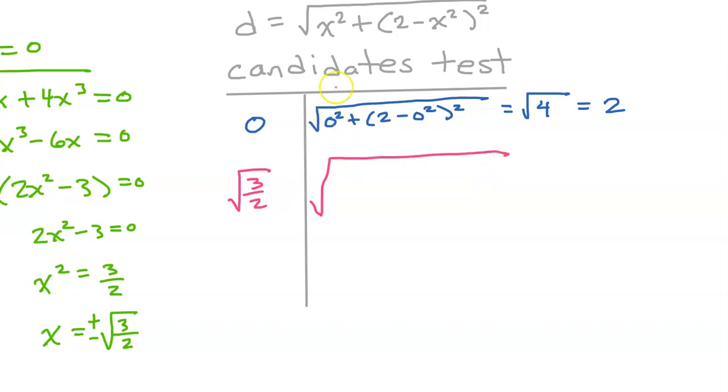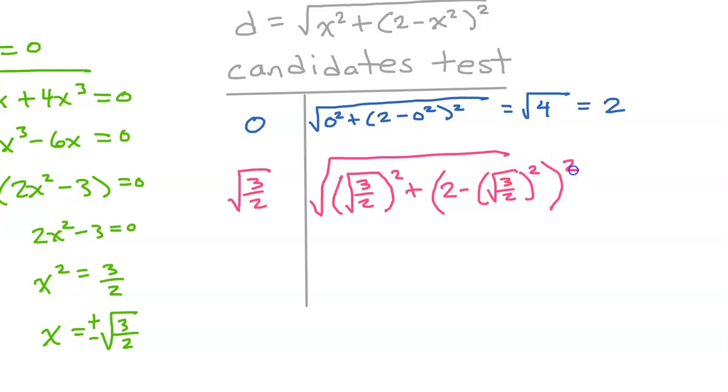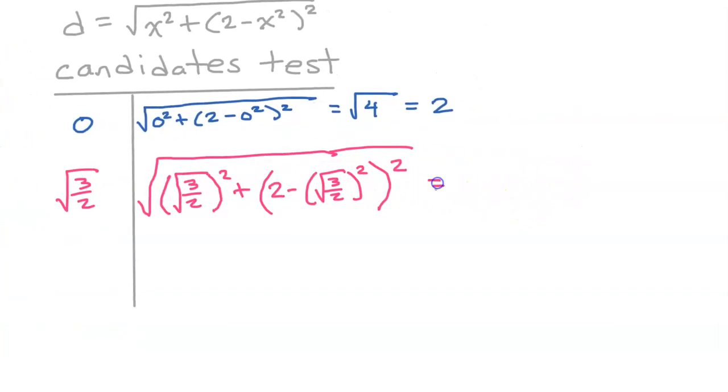So I have x squared, so I need to do radical 3 over 2 squared, plus (2 minus radical 3 over 2 squared) squared. Very awkward, but this does simplify down fairly nicely because when you square a radical, the radical goes away.